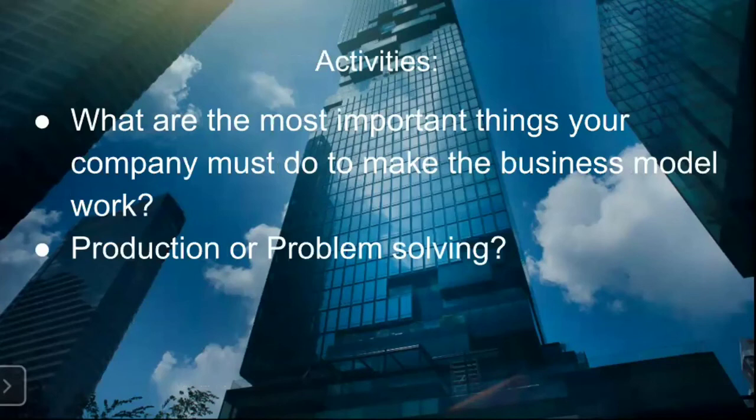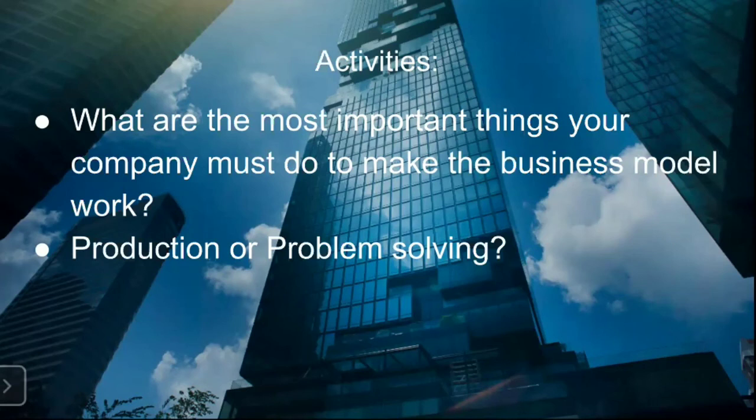Wonderful. So now that you understand who your partnerships are and the resources, you will want to have a good understanding of what activities this business will be running to generate the products and services to your customers that fill the value proposition. So what are the most important things that your company must do to make this business model work?